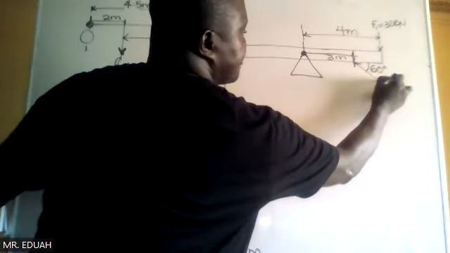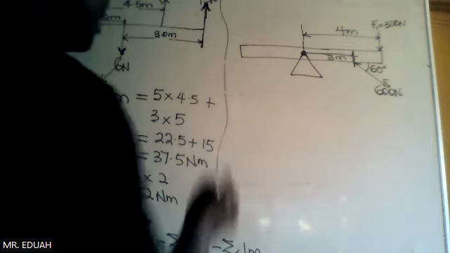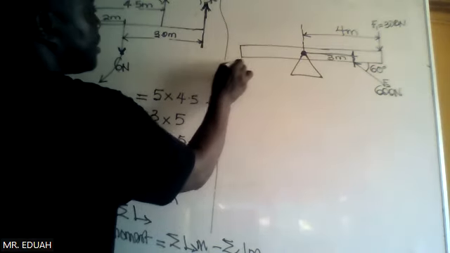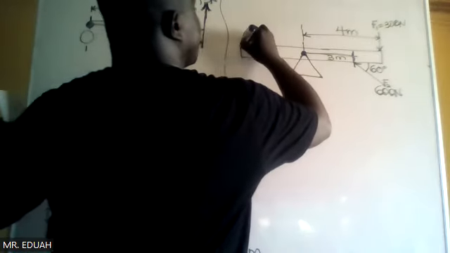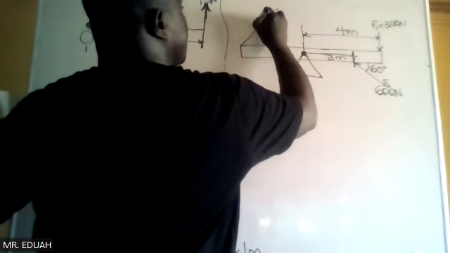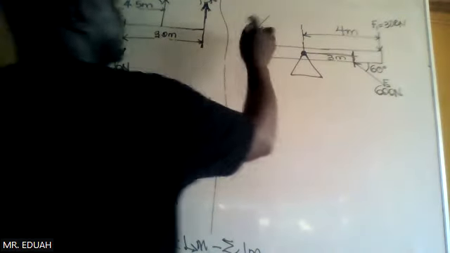The force is F2, and F2 is 600 Newton. Then we have another force which acts, this is F3.